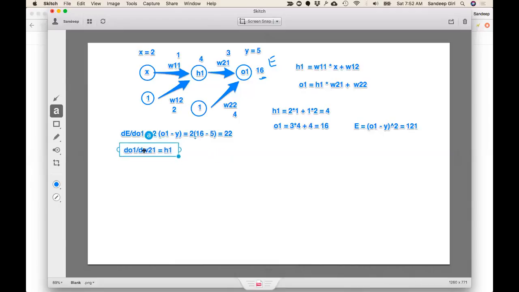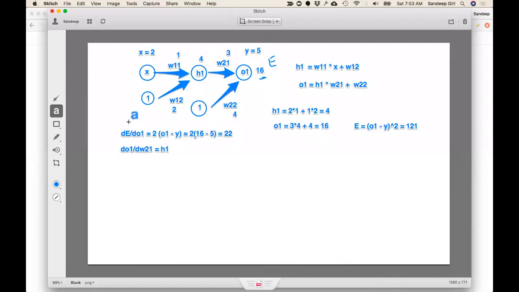Okay, so whatever concept that we just learned, we are reusing them to solve this complex neural network, right? We're trying to find out the values of those weights such that our output is minimum. So we want to change those weights in a way that our overall error is minimized. How are we going to do that?